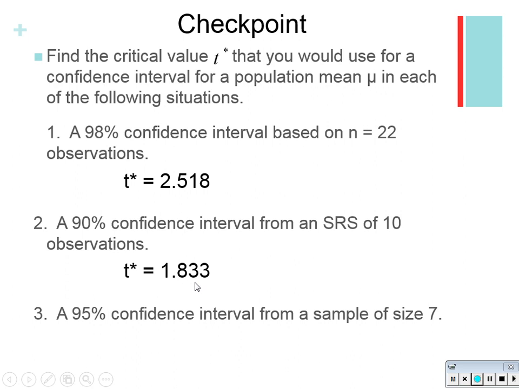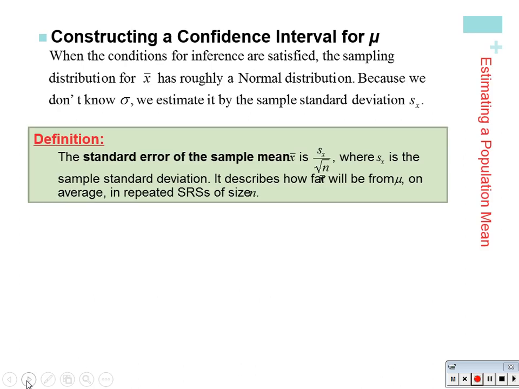And that would be the t star score for that problem. And then number 3, a 95% interval for a sample size of 7. With this, I would do the inverse t of 0.95 plus (1 minus 0.95), which is 0.05, divided by 2. Since the sample size is 7, the degrees of freedom would be 6, and that would be the t star score for that.